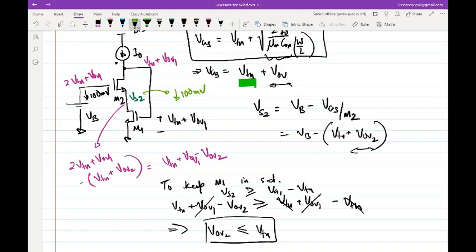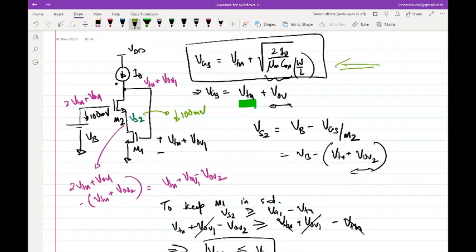So what design variable should I tweak now? Yes, W by L of M2. Exactly. If I increase the W by L of M2, I am reducing the overdrive of M2. Constant current bias, again, this equation, right?